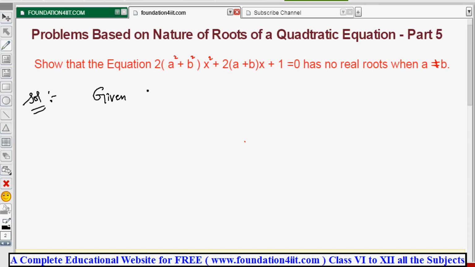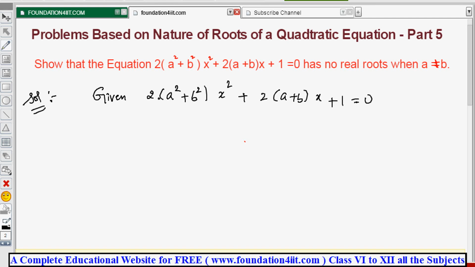So from the given question, the given equation is 2(a² + b²) into x². This is completely the x² coefficient, plus 2(a + b)x, which is the x coefficient, plus 1 is equal to 0. Now the constant is 1.